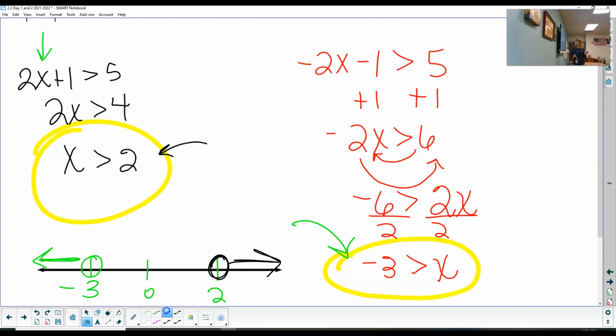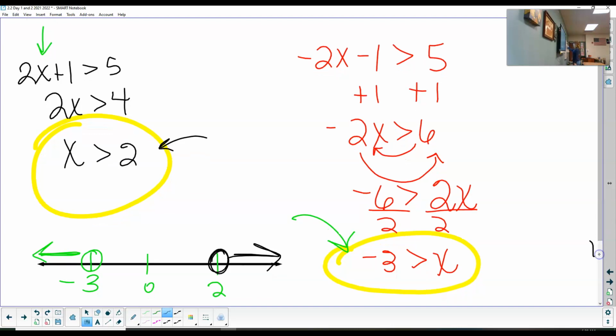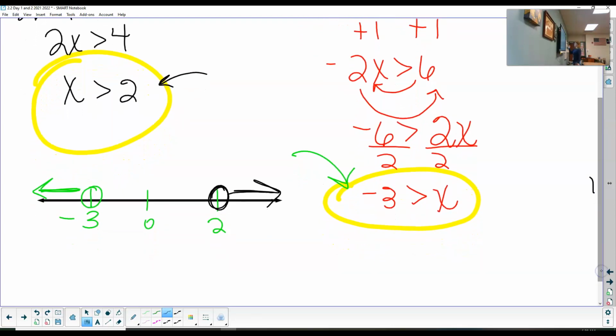To put this all together, we are not using braces like we did for equations. We are using interval notation. So since this is an or statement, I'm going to write the word or, and then I'm just going to write these two pieces on both sides of my word or. So on the left side, remember I have an arrow pointing to negative infinity. So it is going to be negative infinity all the way up to negative 3.